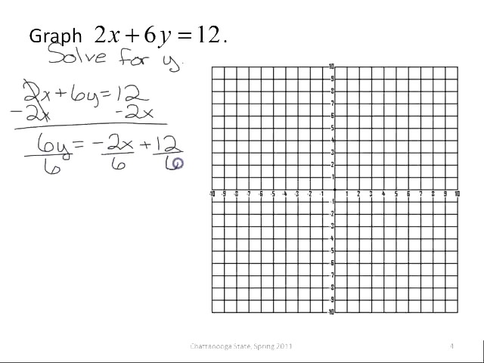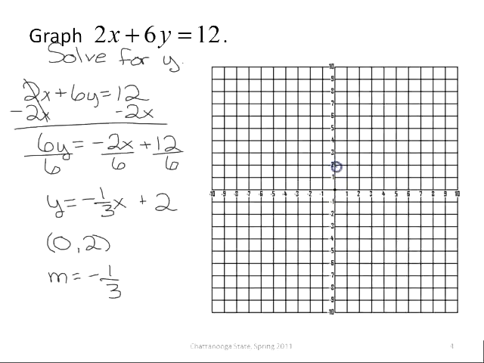So I'm going to divide each term individually here by 6. That will give me y equals negative 1/3 x plus 2. So this time my y-intercept is positive 2. And my slope is a negative 1/3.